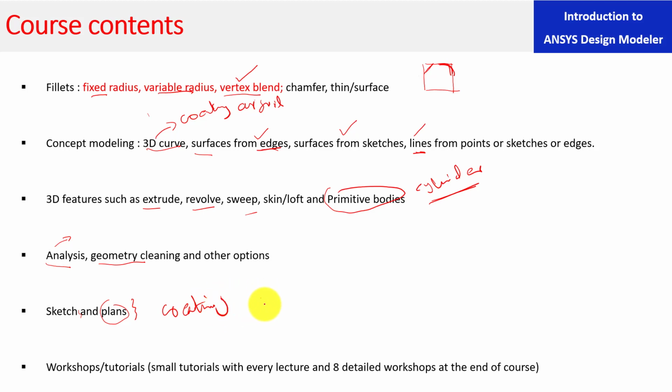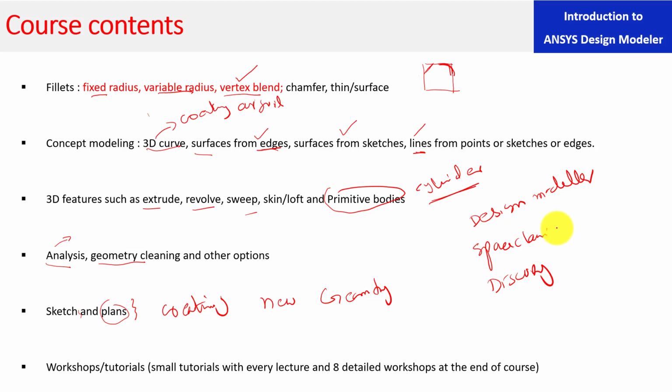Okay, creating new geometry. But the main purpose of Design Modeler or SpaceClaim, there are three software: SpaceClaim, Design Modeler, and they now also have Discovery. So Design Modeler was the starting software, and SpaceClaim they acquired from the SpaceClaim company.